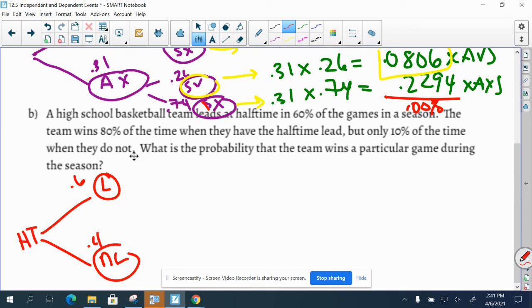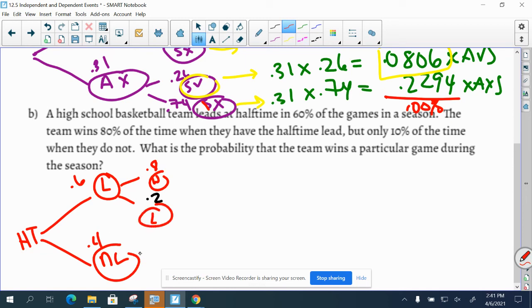And then the team wins 80% of the time when they have the halftime lead. So here, this would be 0.8 win. And then if they are leading, then we can infer that there's only a 0.2 chance that they lost.